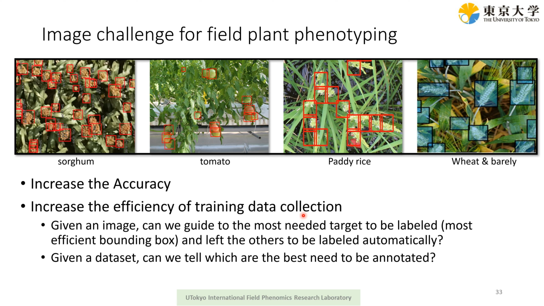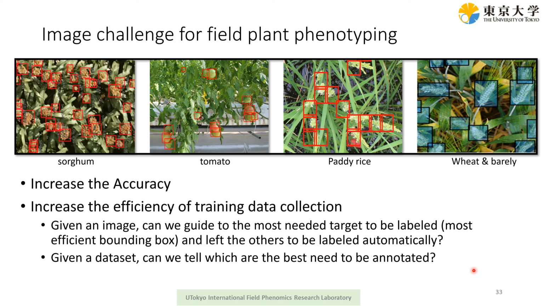So we would like to ask questions like, if you give an image, can we get to the most needed target to be labeled and leave the others to be labeled automatically? It's a little bit tricky, but the key conception is that we want to save labels and just focus on the bounding boxes that really need to be labeled.